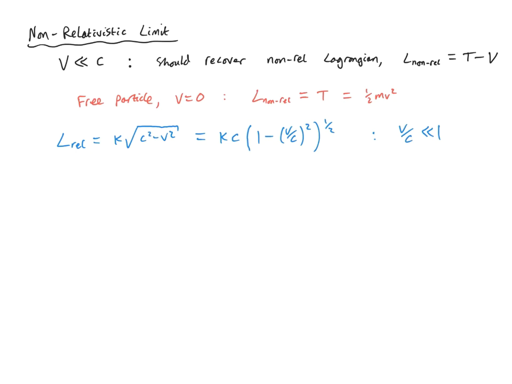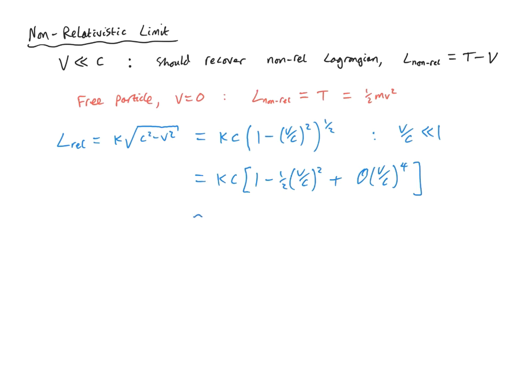That means that I can write that this is equal to k times c into 1 minus a half of (v upon c) squared plus corrections which are of order (v upon c) to the power of 4. And if v upon c is very small, then (v upon c) to the power of 4 is very, very small, and we're going to neglect those corrections.